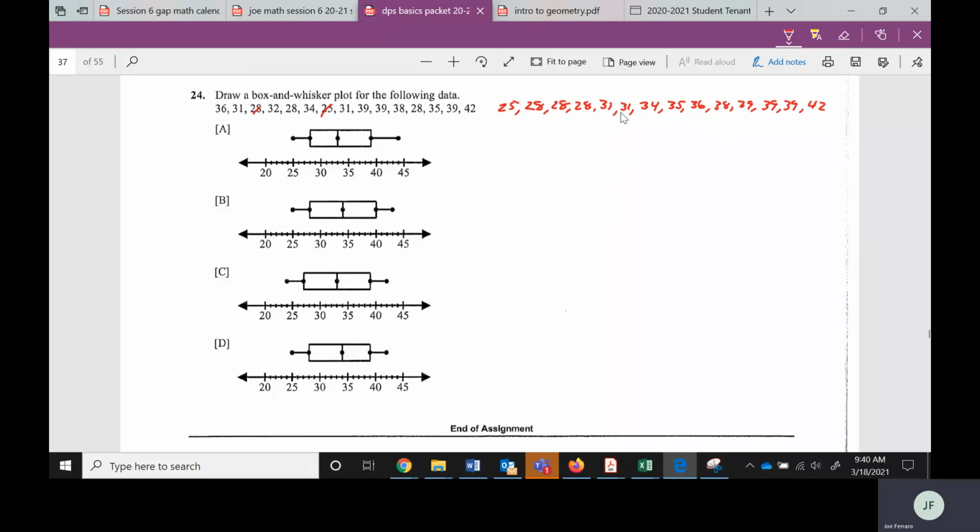I got 2 31s, 34, 35, 36, 38. Okay, so I missed something at the beginning. I missed the 32. So I think I can get that in there. That's why you have to be careful when setting these up.